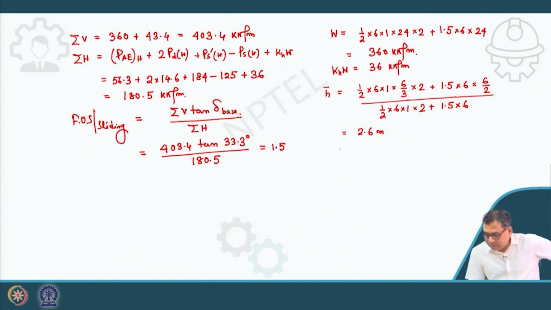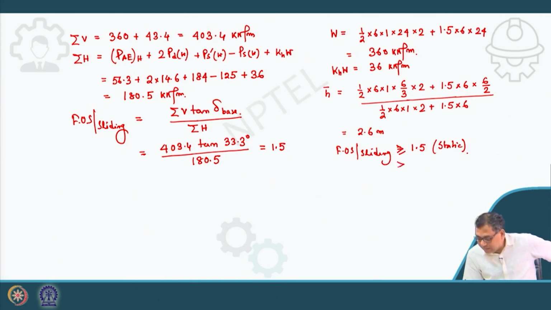Now in the seismic case, let's come to the factor of safety part. The factor of safety for sliding is greater than or equal to 1.5 for static. For the seismic, this value will be 0.7 times the static. As I mentioned, the seismic factor of safety is less compared to the static, because in the seismic case it is uncertain, there is no guarantee this seismic force will come into the structure, but in the static case it is confirmed that it will come.